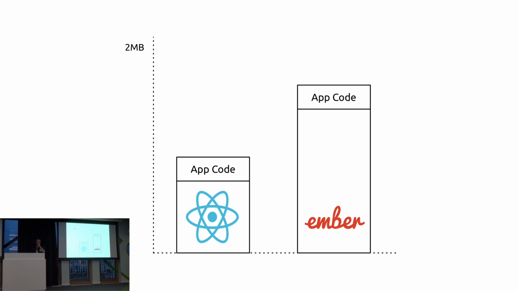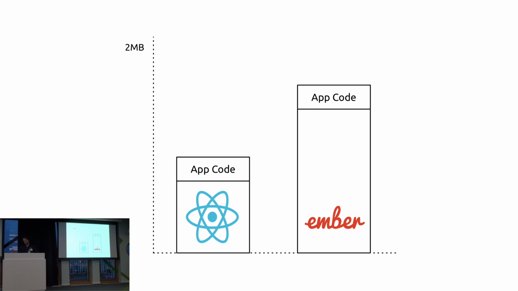So Ember is arguably not a really good fit for these kinds of projects. And there's not much to discuss about that. That's just a reality. We never really had anything to offer for these kinds of projects.